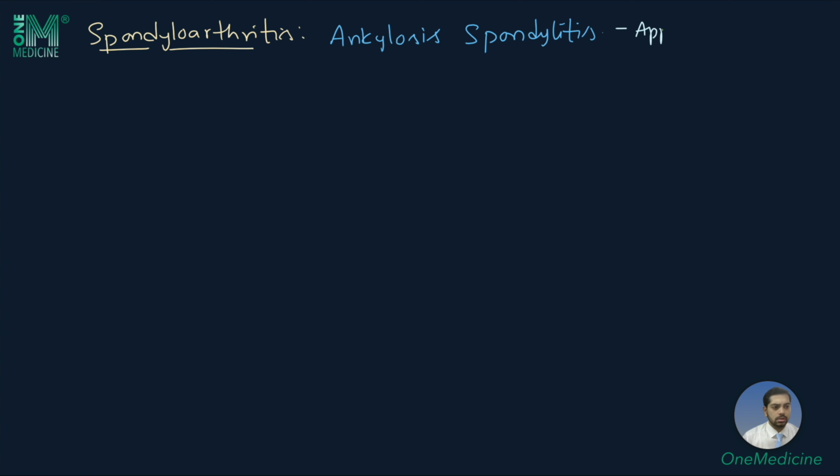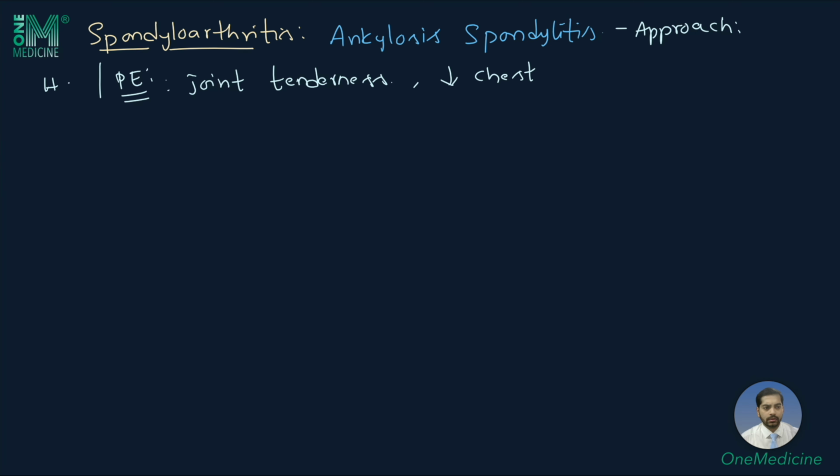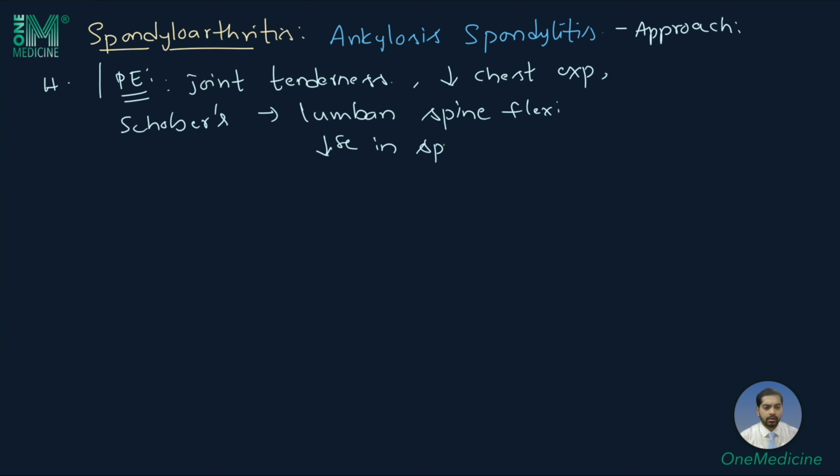Now, the approach to ankylosing spondylitis. History plays an important role, and physical examination may reveal joint tenderness and reduced chest expansion. Schober's test, which measures the lumbar spine flexion, may show a decrease in spine flexibility.